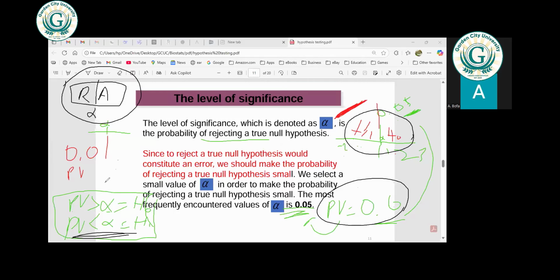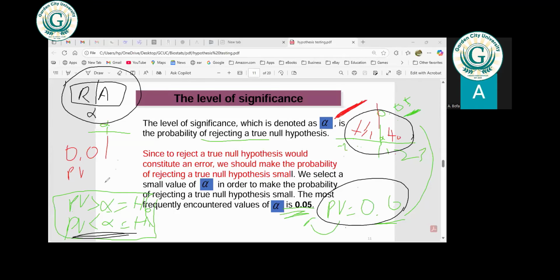So now you can say that since the p-value 0.06 is greater than the alpha 0.05, you are going to reject the null hypothesis. Again, you state that since the p-value 0.06 is greater than the alpha level 0.05, we are rejecting the null hypothesis.